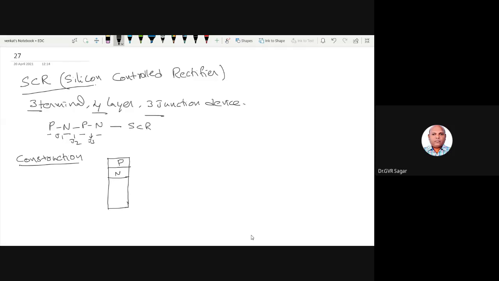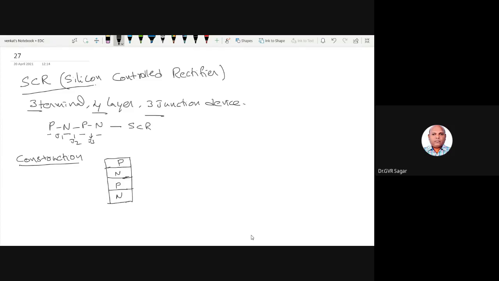To form the N region, I have to add pentavalent impurities. Again a P region, again an N region. Not this much, only up to this. Okay. So this is the construction, a PNPN device formed.